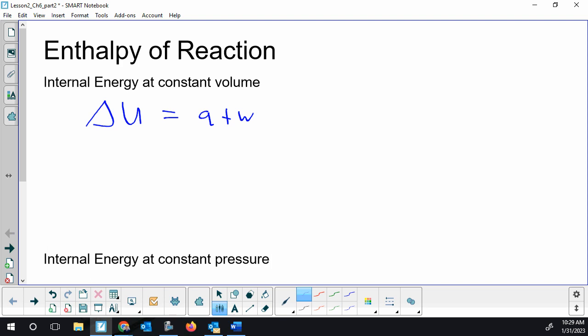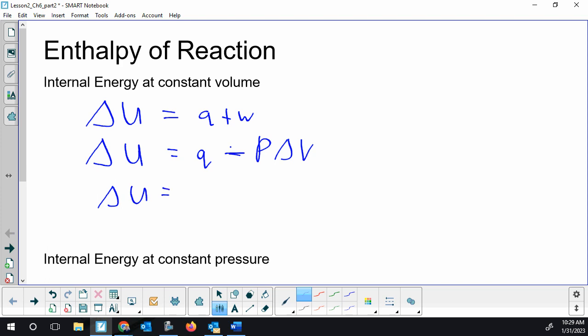We're going to look at constant volume, so I want to break that work term down into PV work. So instead of plus W, I'm just going minus P delta V. And then we're going to simplify this a little bit more.